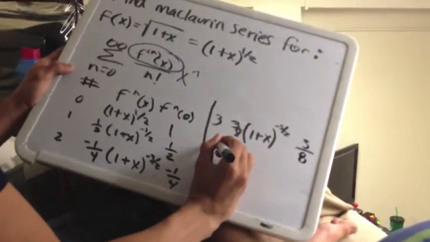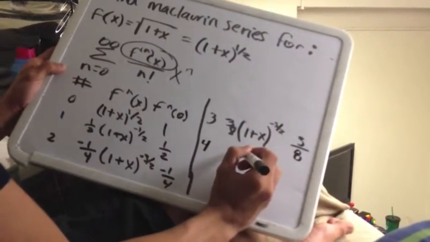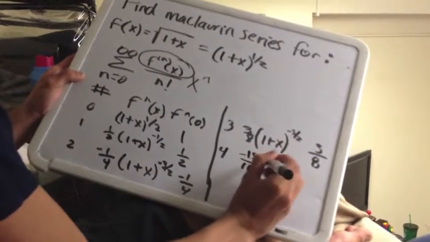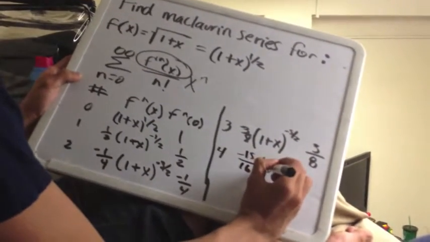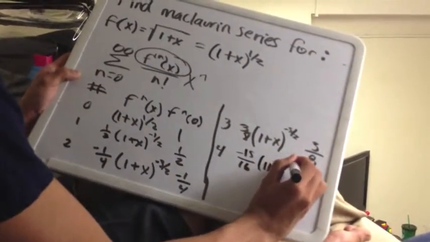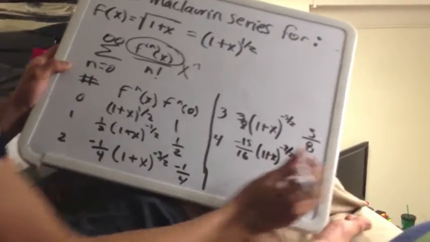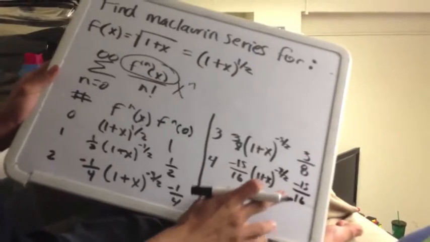All right, we'll do one more term. The fourth term, we get negative 15/16 (1 plus x) to the negative 7/2, and again, we plug in 0 and we get negative 15/16.